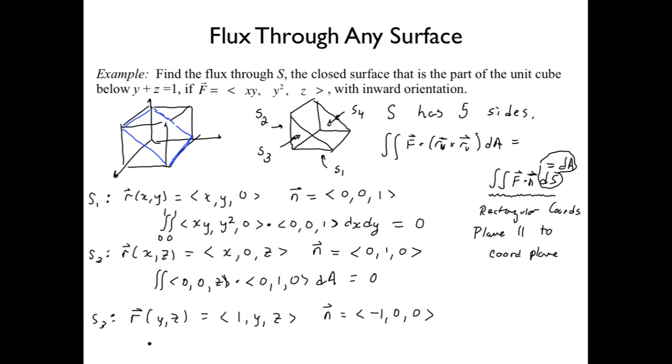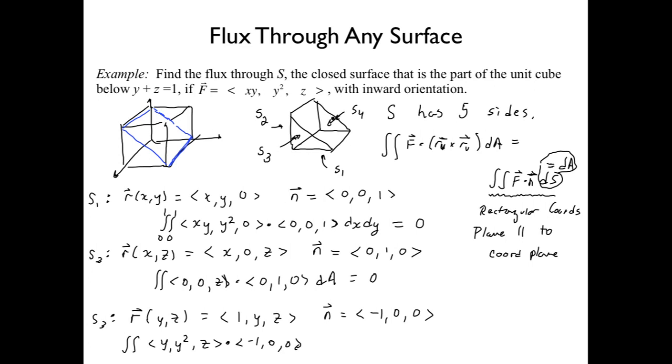Okay, ready to write the integral? Flux integral is xy, which is y, y squared is y squared, z is z, dot -1, 0, 0. Is it 0? No. Not 0 this time, right? This is actually going to be something.